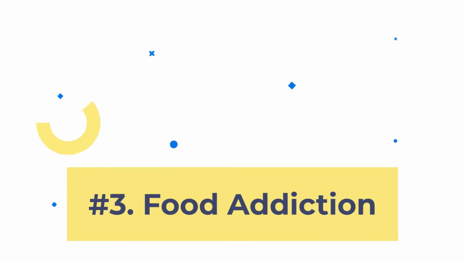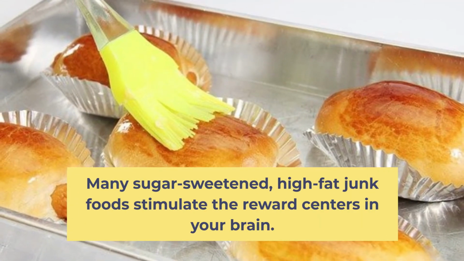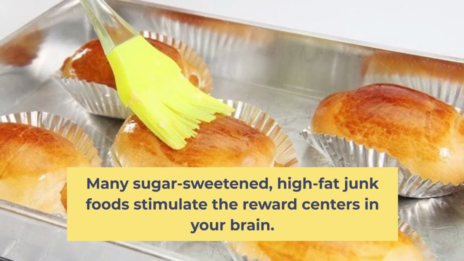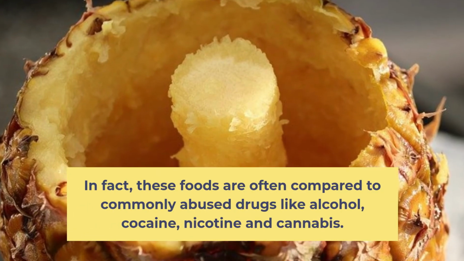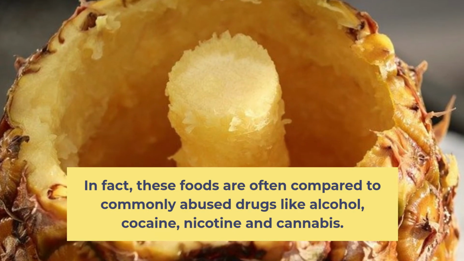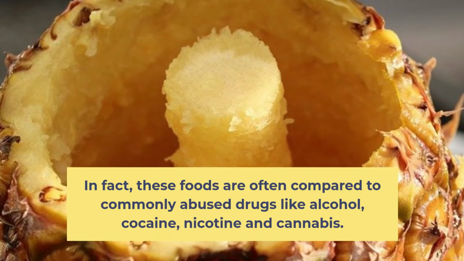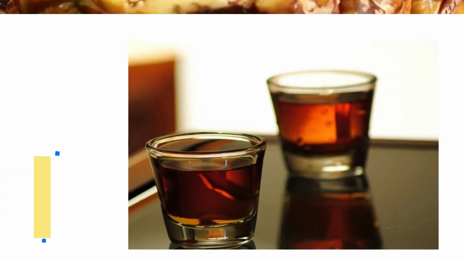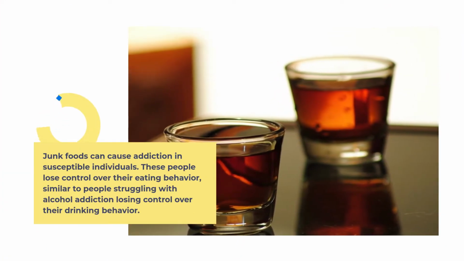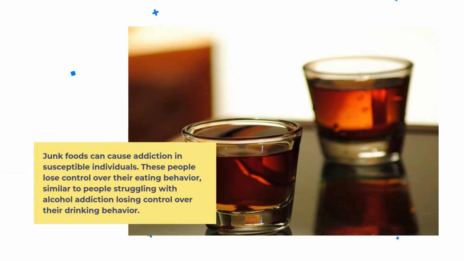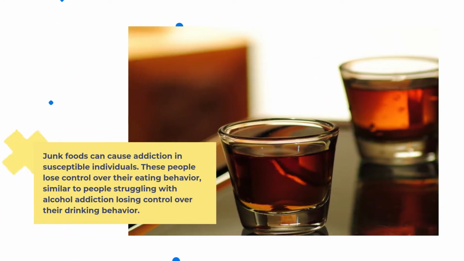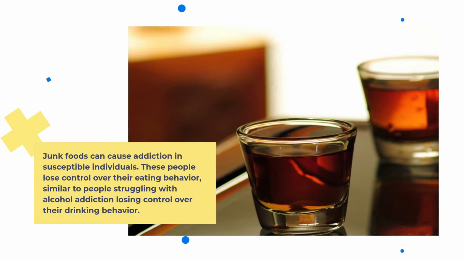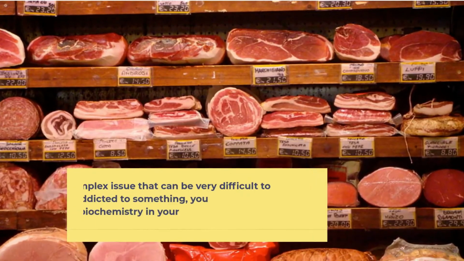Number 3. Food addiction. Many sugar-sweetened, high-fat junk foods stimulate the reward centers in your brain. In fact, these foods are often compared to commonly abused drugs like alcohol, cocaine, nicotine and cannabis. Junk foods can cause addiction in susceptible individuals. These people lose control over their eating behavior, similar to people struggling with alcohol addiction losing control over their drinking behavior.